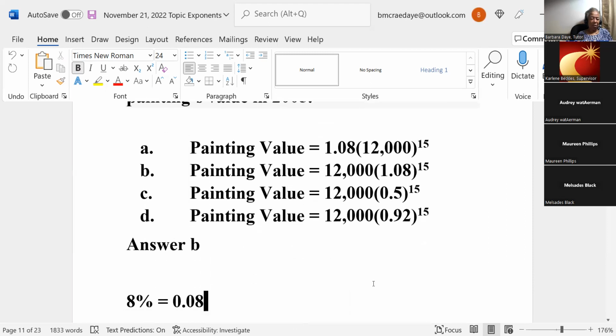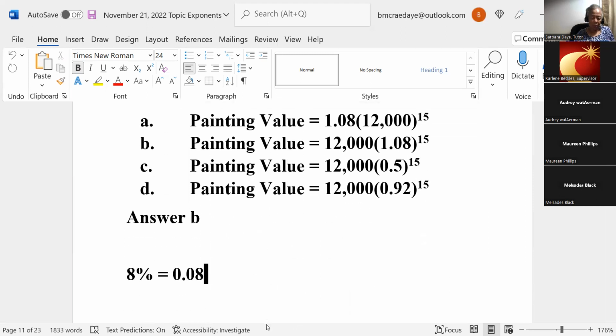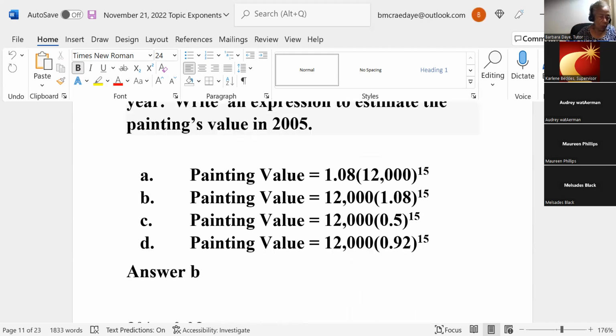I want you to do that. I want to see if you can get the right answer. Take 1.08 and raise it to the 15th power. What do you get? Anybody?